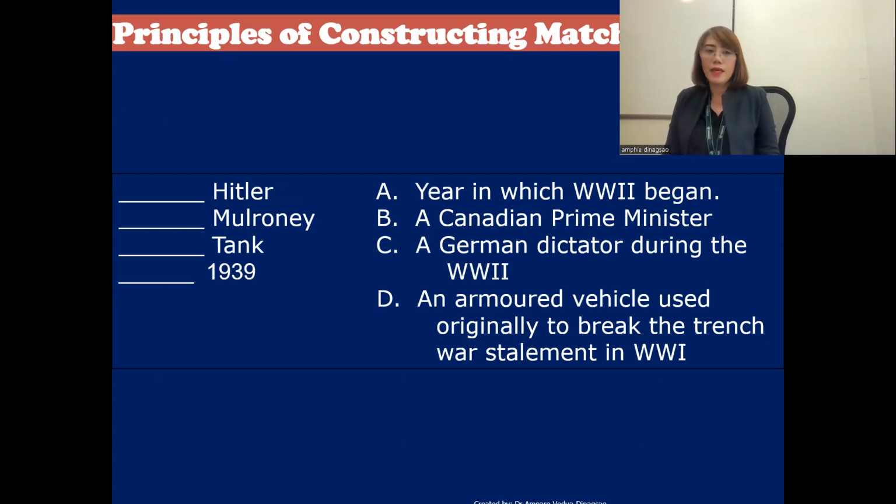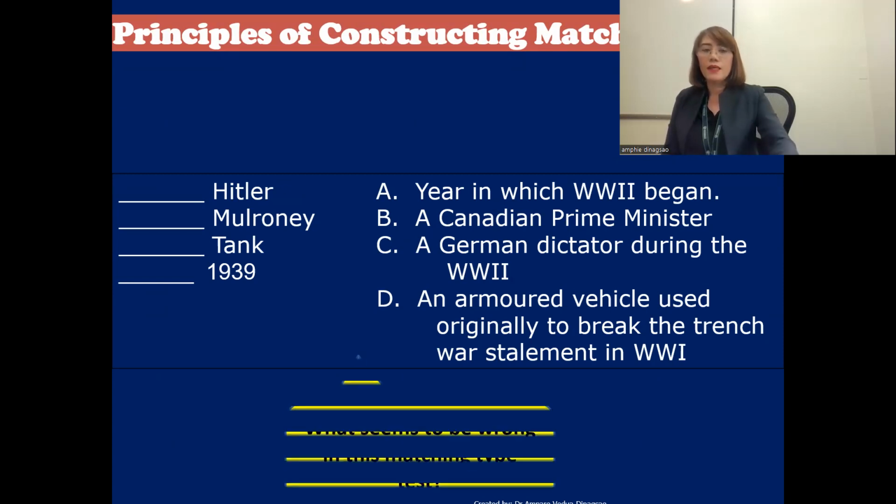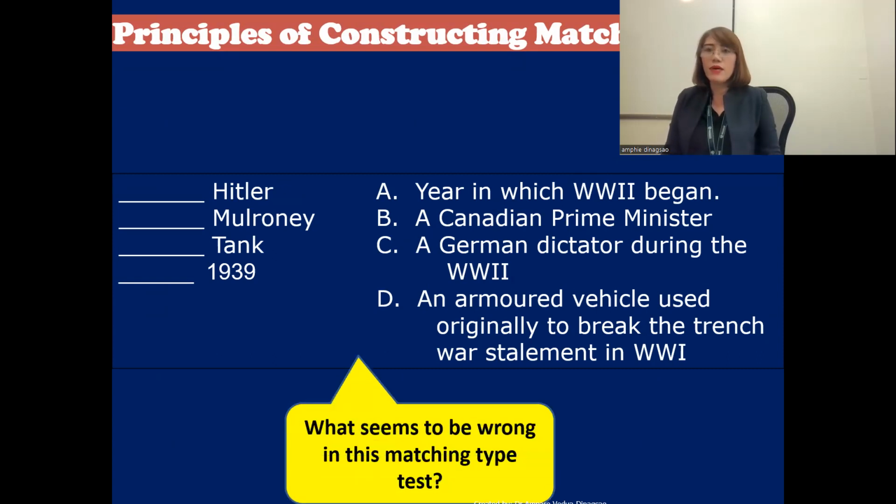So you have column A and then column B. What seems to be wrong in this matching type of test? You cannot say that B is the answer there, because by common sense, 1939 is automatically an A. I mean, a Canadian Prime Minister, 1939.